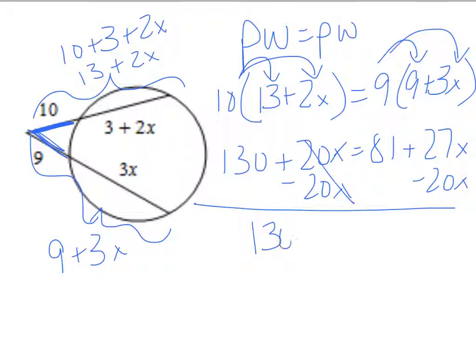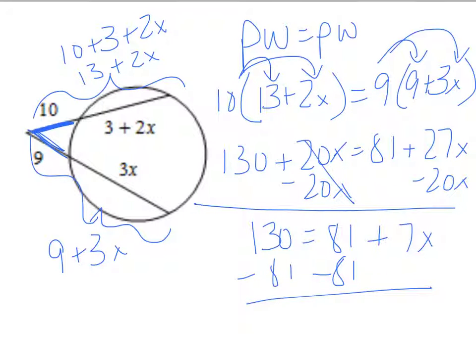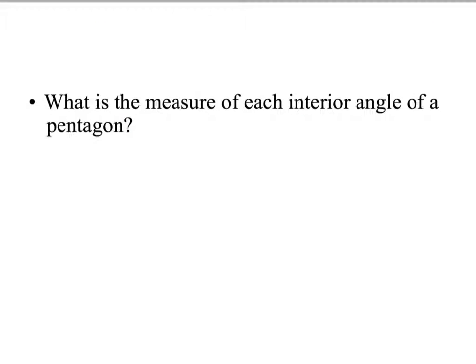I get 130 equals 81 plus 7x. Subtract 81 and I get 49 equals 7x. Divide by 7. X equals 7. If you're having trouble, pause the video and rewatch it.